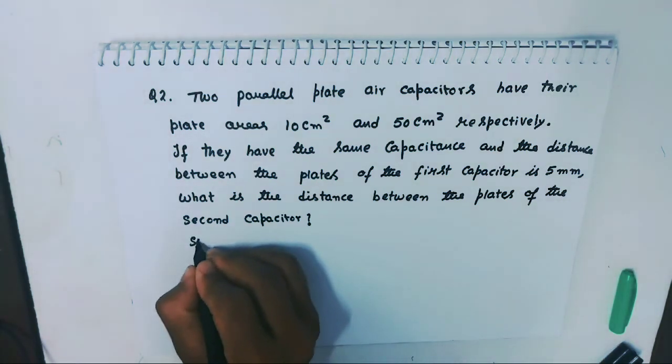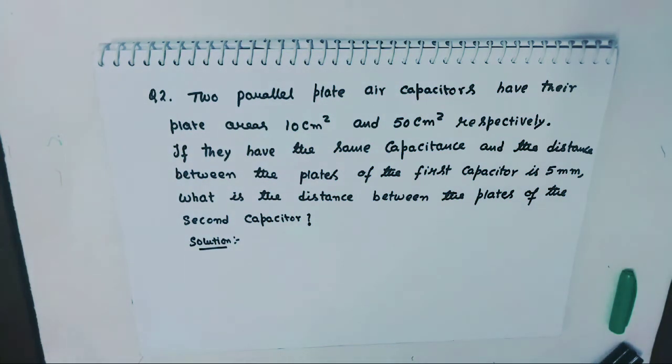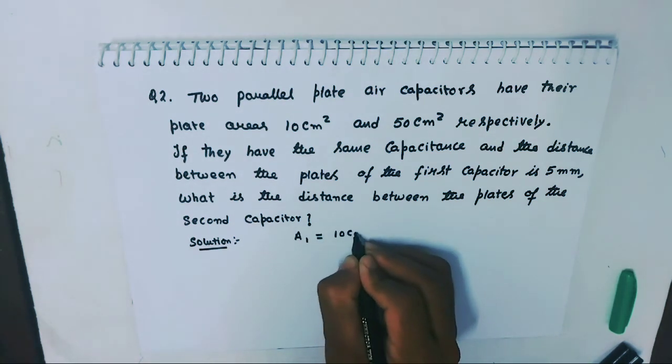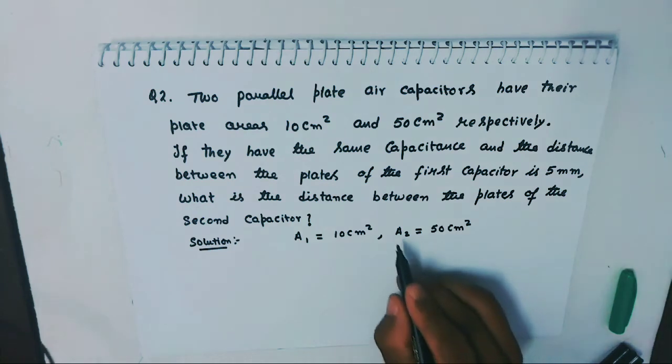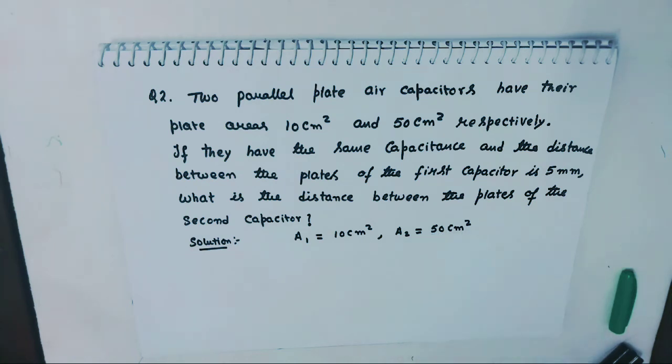So, solution. Here it is given that we have two parallel plate capacitors. One with area 10 centimeter square and another one has an area equal to 50 centimeter square. Also, it is given that the capacitance of these two parallel plates are the same.